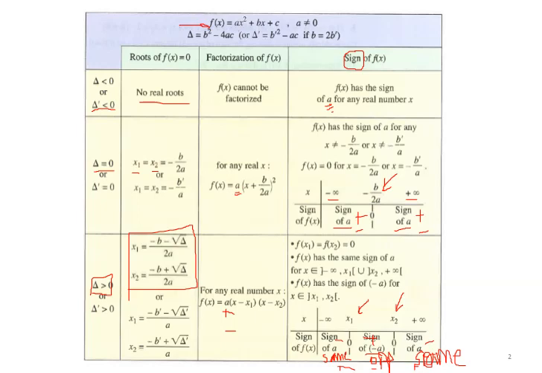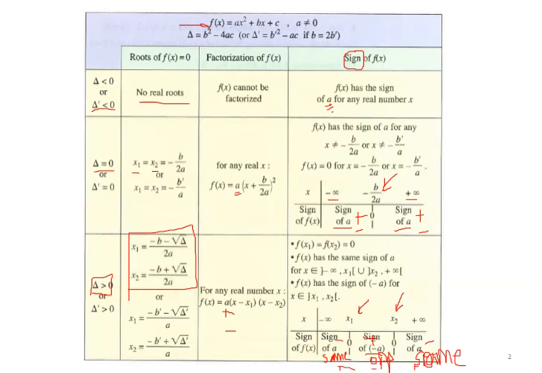Now what if we have delta positive? You know that when delta is positive, we have two roots. x1 equals minus b minus radical delta over 2a, and x2 equals minus b plus radical delta over 2a. Now we put the two roots on the table, x1 and x2, and you still remember: same, opposite, same.